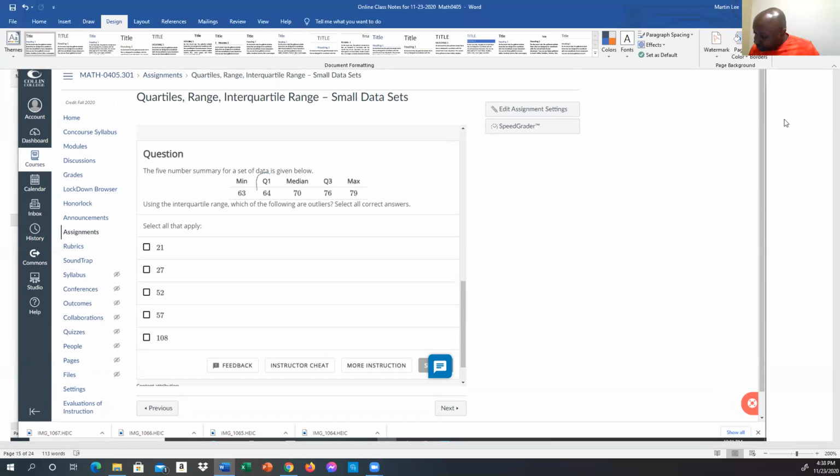They tell us that Q1, or the first quartile, equals 64. The third quartile, Q3, is equal to 76. So my interquartile range, which is Q3 minus Q1, equals 76 minus 64, which equals 12.